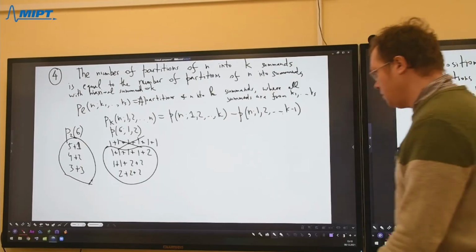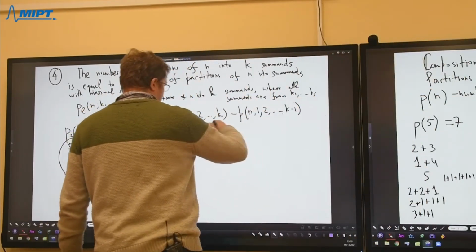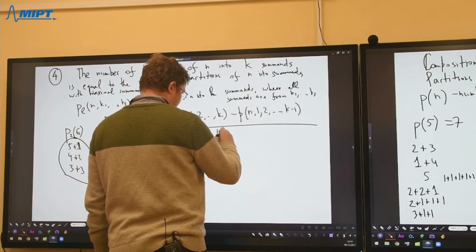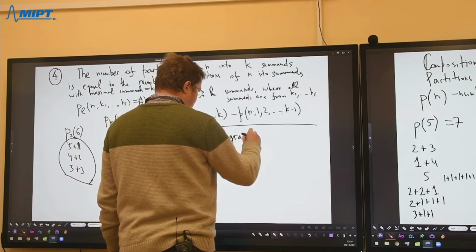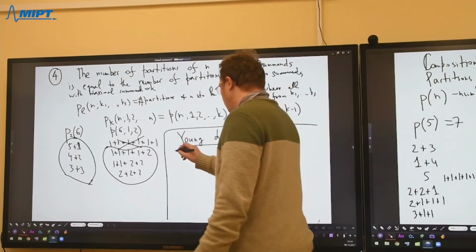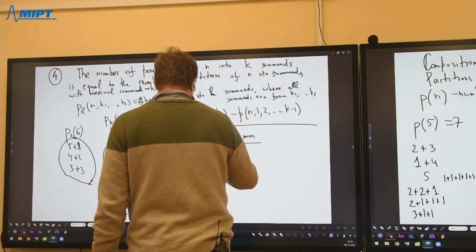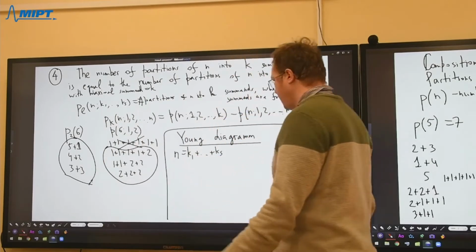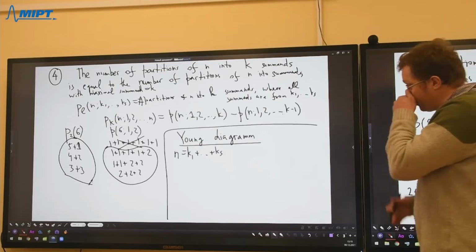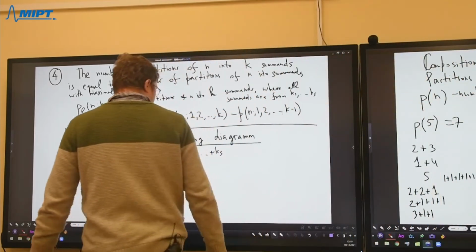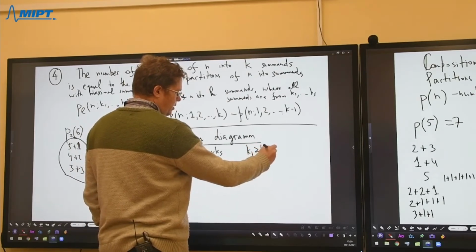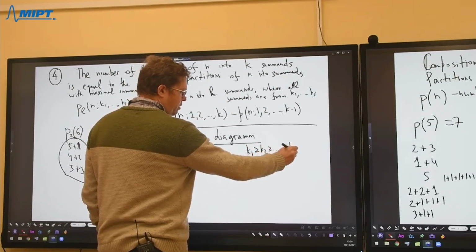The picture which I want to draw is called a Young diagram. If we have any partition of n into k1 plus etc. plus ks, first of all we can order these summands, because we forget about order, so we can choose any order we want, and look at non-increasing or non-decreasing order.